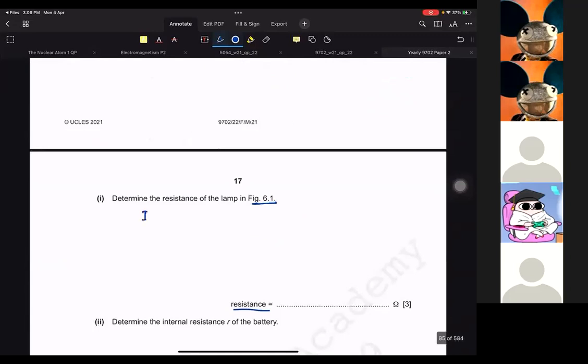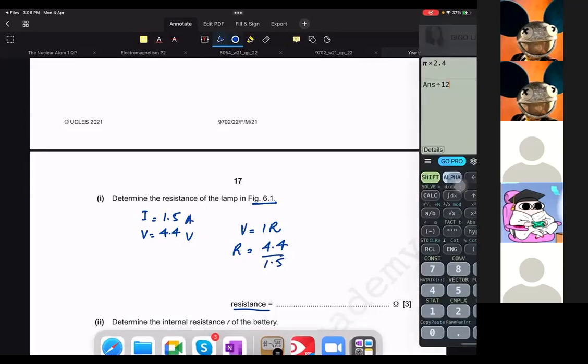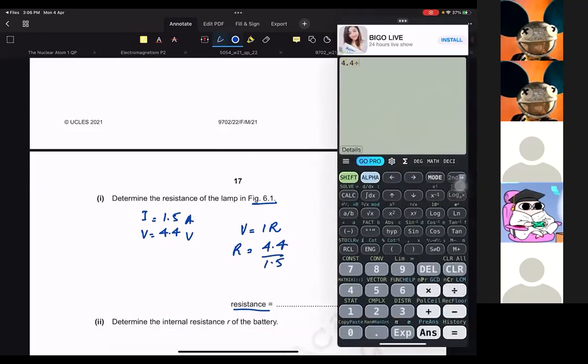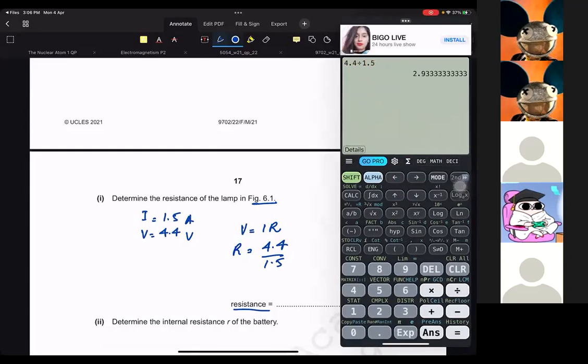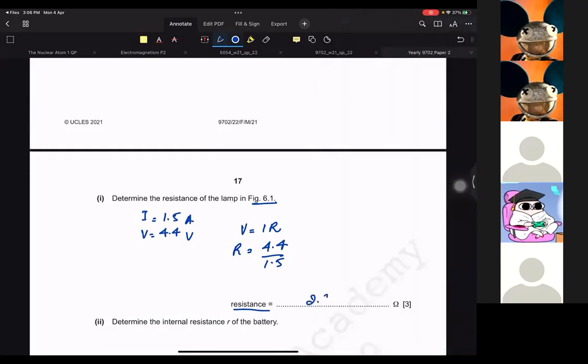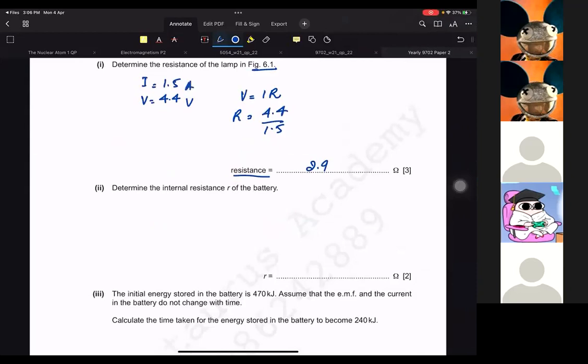So current is 1.5 and voltage is 4.4. So V is equal to IR. R would be 4.4 divided by 1.5. That would be 2.9 ohms. Now it says determine the internal resistance R of the battery.